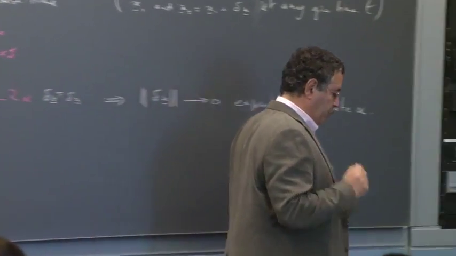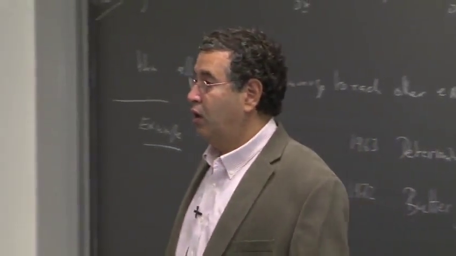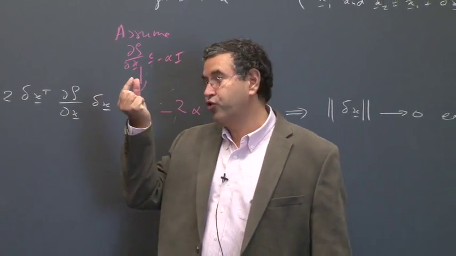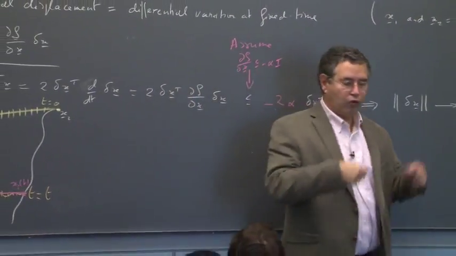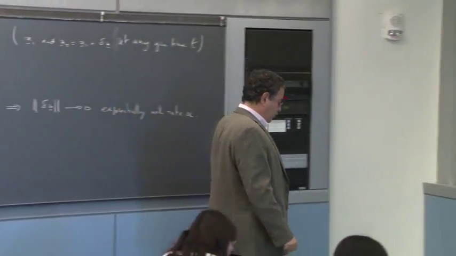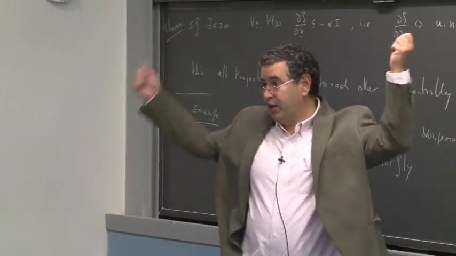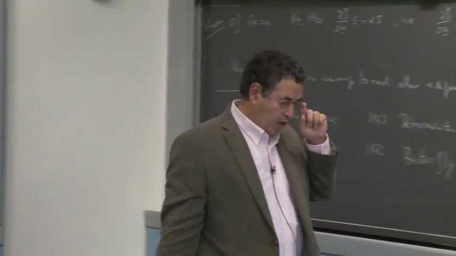We get back to scalars, and then we get conclusions out of these scalars. So from here we can say that any differential displacement shrinks exponentially to 0, and from this reasoning, or the integral version of this reasoning, we can show what we've already shown, that the distance between any two trajectories tends exponentially to 0.